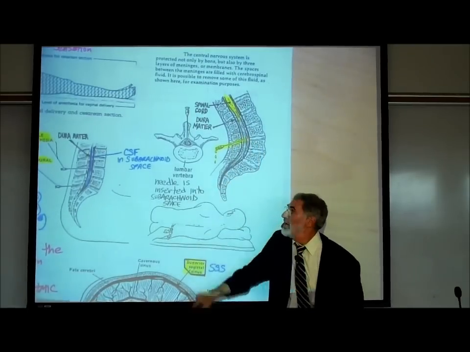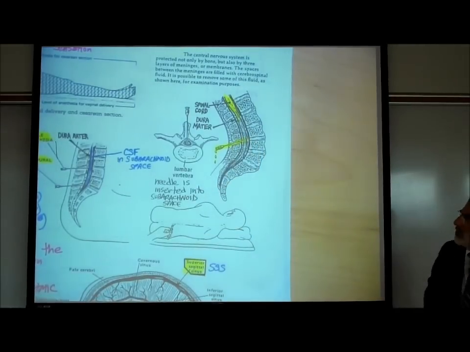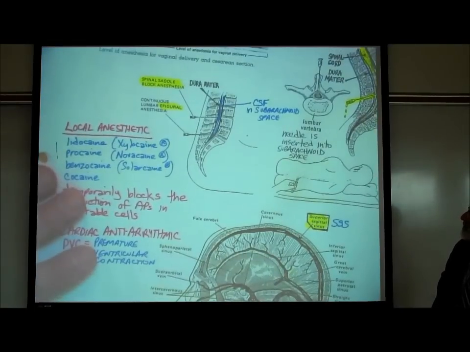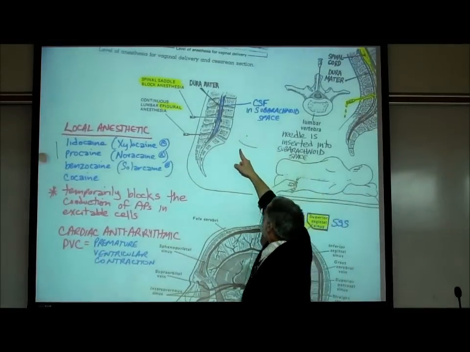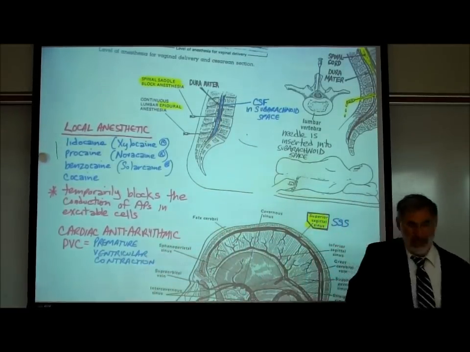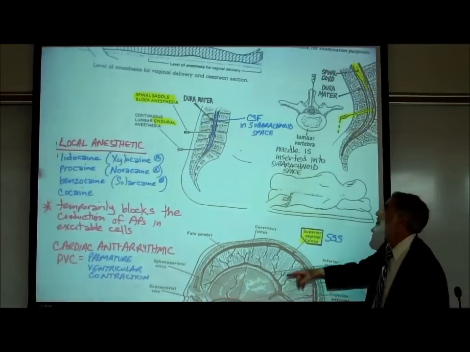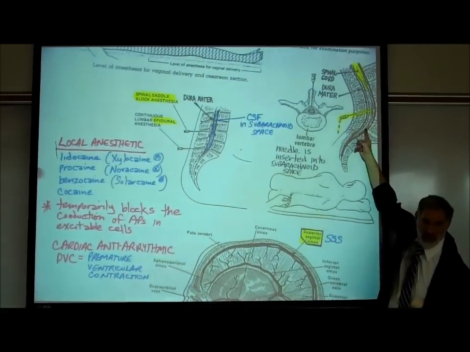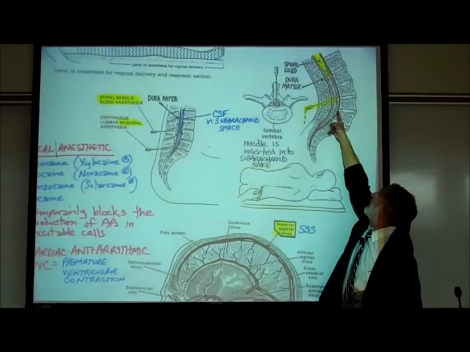subarachnoid space. Now, in terms of administering a local anesthetic, there are two ways. You can insert the needle into the cerebrospinal fluid in the subarachnoid space and inject the local anesthetic right here, which is exactly the same as what we saw on this side. All right?